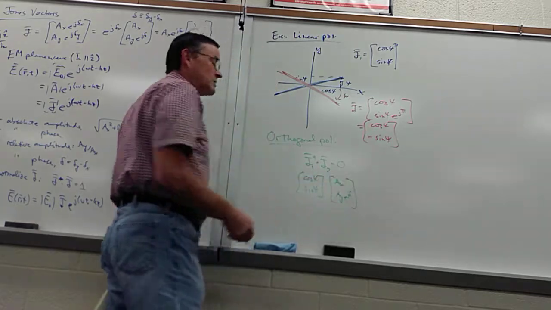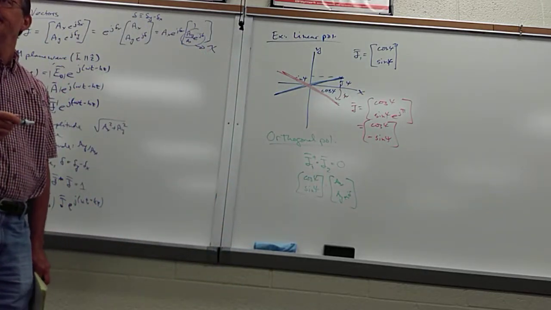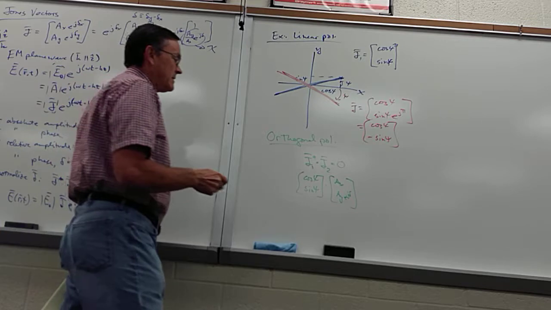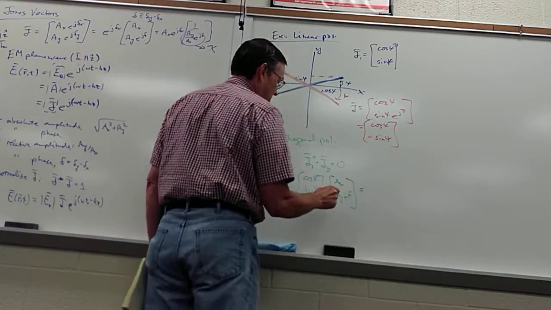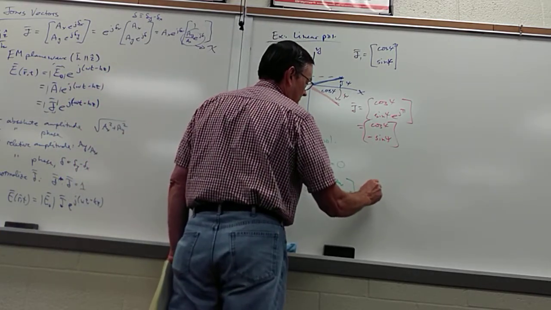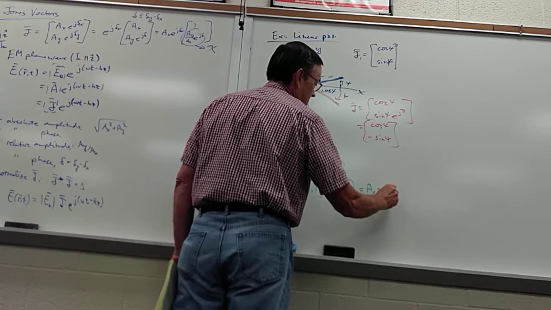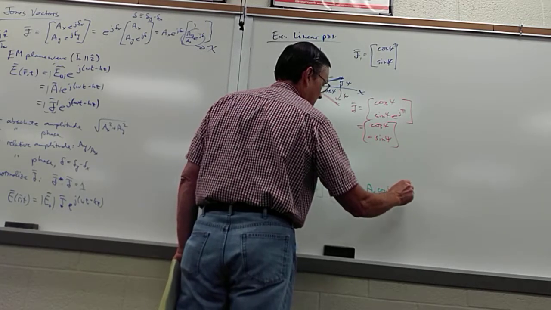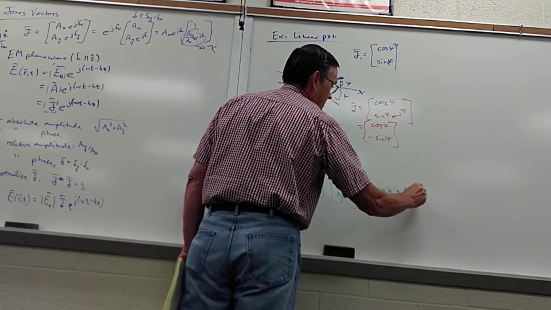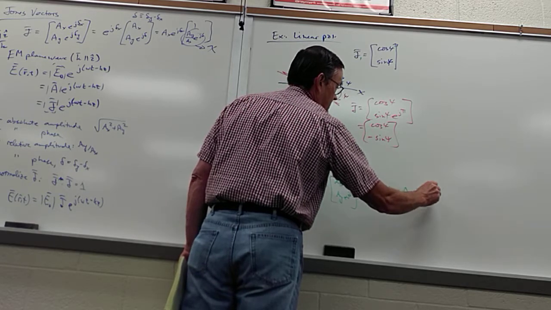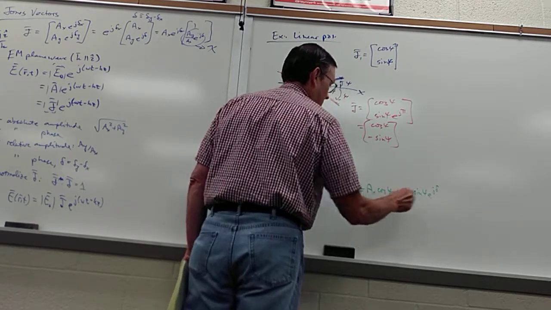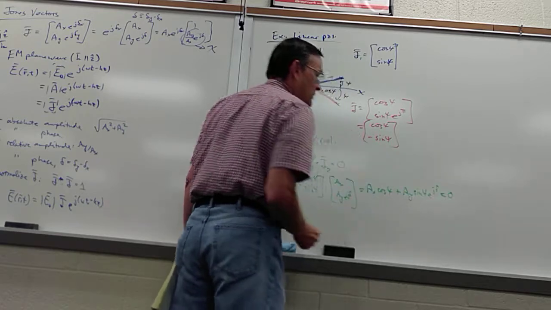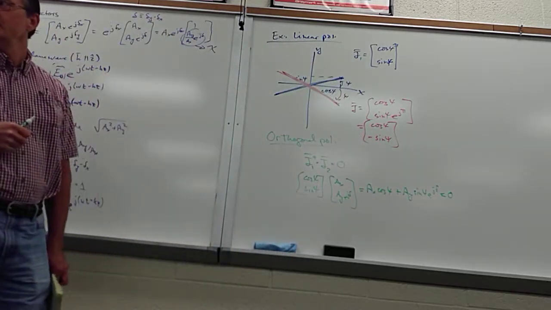I could subscript those with 2, but I'm not going to bother. That gives me ax cosine of psi plus ay sine of psi e to the j delta, and that has to be 0 if the two are orthogonal.